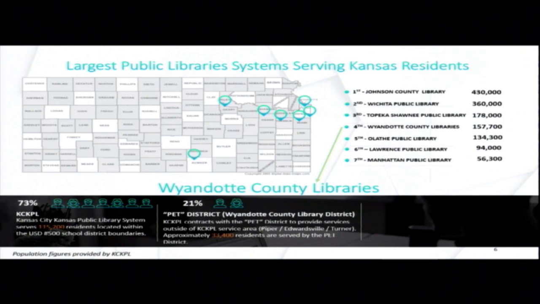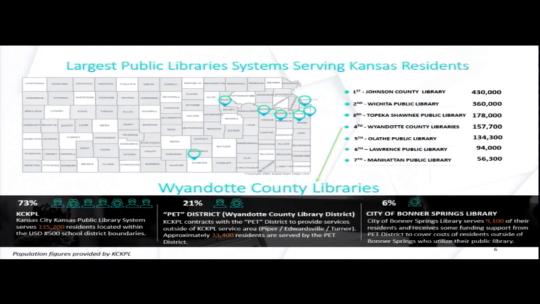We contract with KCKPL to provide services outside the KCKPL service area, and approximately 33,400 residents are served by the Pet District. And then finally, the Bonner Springs library system serves about 6% of the total population, and they serve their own residents, but as I mentioned, they also receive some funding from the Wyandotte County Library District.